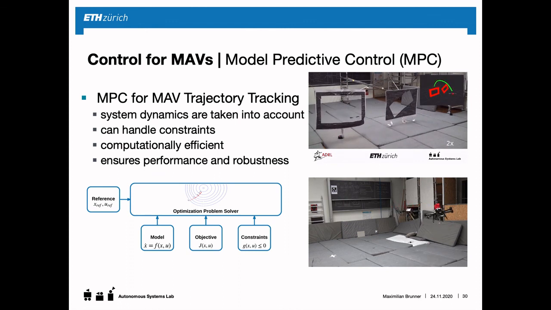So here in these two videos, we see on the top video how the multirotor is able to fly through those narrow spaces because it can pre-plan the necessary flight maneuver that allows it to be in this specific attitude while traversing through this sheet. And in the bottom video, we see how these two multirotors can avoid any collisions because both of them predict the flight path of the other multirotor in order to avoid any collisions.